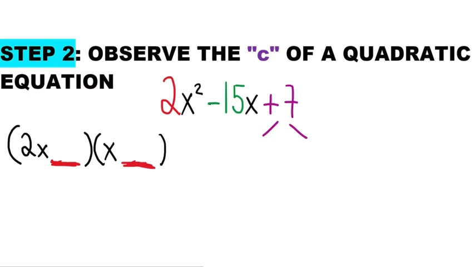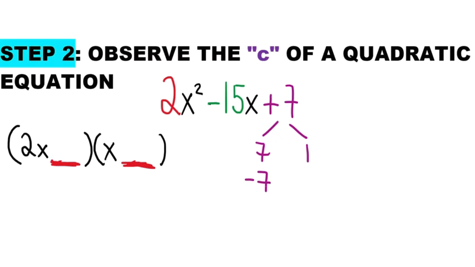In step 2, we are observing the c of a quadratic, the c element, the last term of the quadratic. And here we have 7. So it's important to take into account what possible multiples make 7. We have 7 and 1, but always remember your negatives as well.